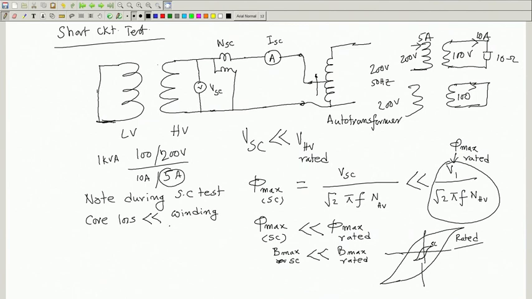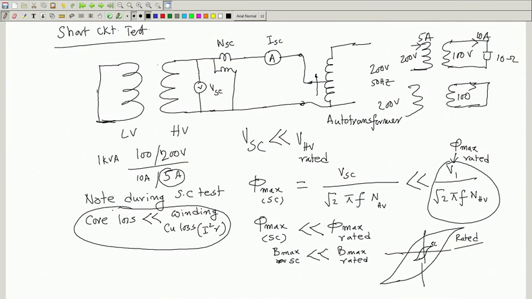Winding copper loss, that is I square R loss in the winding, I 1 square R 1 plus I 2 square R 2. So, I am not writing that thing, got the point. So, this must be understood.